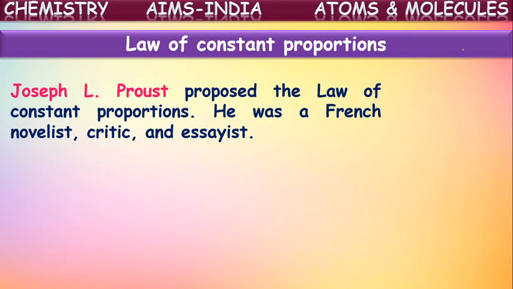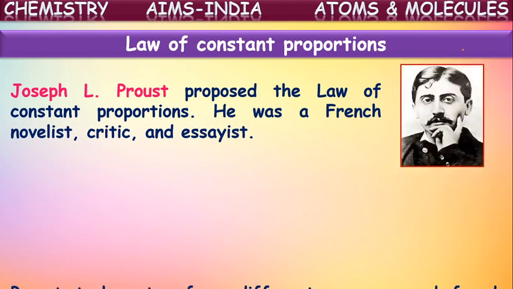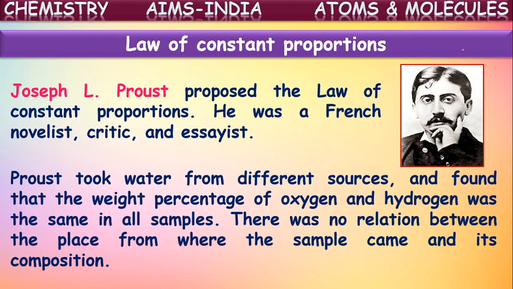Joseph Proust proposed this law of constant proportions. He was a French chemist. Proust took water from different sources in his experiments for proving this law and found that the weight percentage of oxygen and hydrogen was the same in all samples.